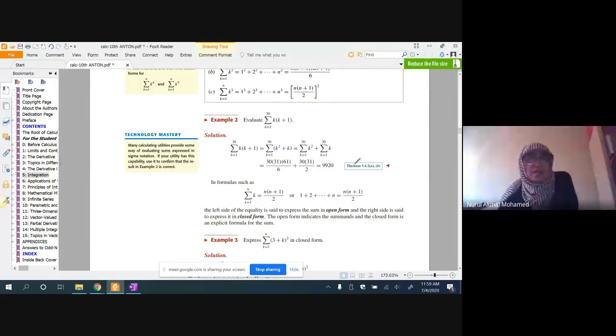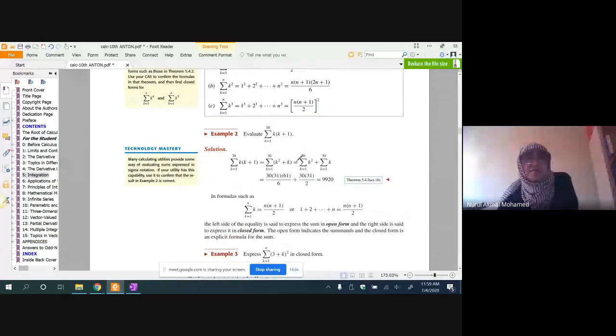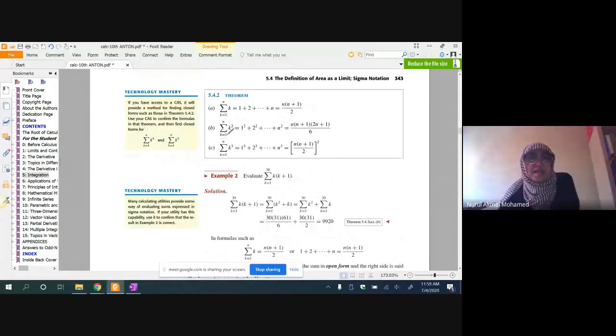And then for this part here, obviously you can do what we have done before, but without using that, we can always get the value of k squared, k from 1 up to 30, by using this formula. It says that for k squared, k from 1 up to n, the formula will be n multiplied with n plus 1, multiplied with 2n plus 1, divided by 6.